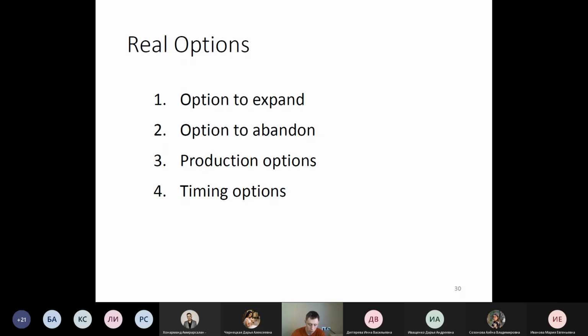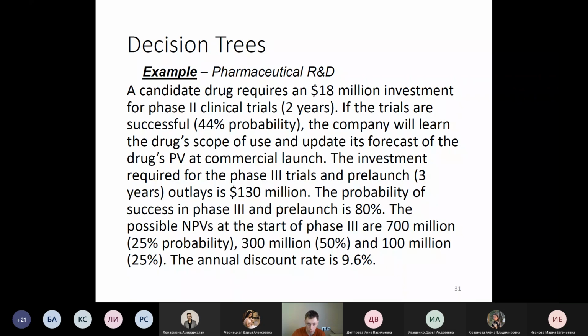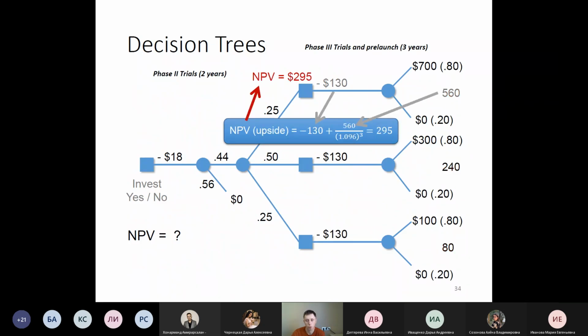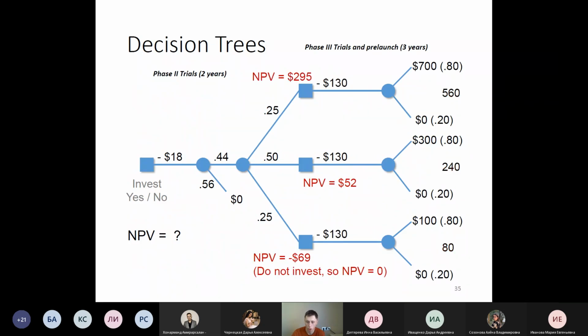So we can somehow secure the opportunity to sell our equipment if we do not need it. This would be the option to abandon the project. And a good tool to think about such real options is the decision tree. Here is an example of a decision tree and the way we work with it.